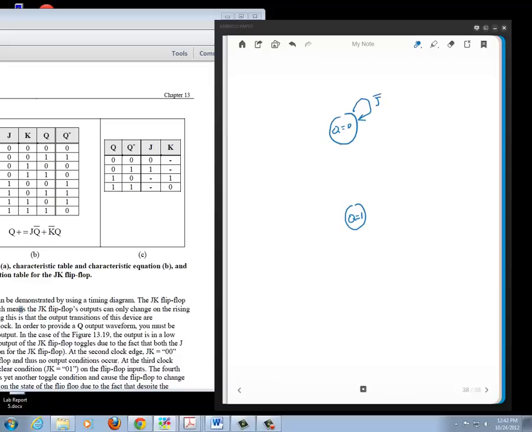We're going to go from 0 to 1 when we have a J. We're going to stay in 1 when we have a K naught. And we're going to go from 1 to 0, this is the third row in the truth table, when we have a K. So there's the state diagram for JK flip-flop.